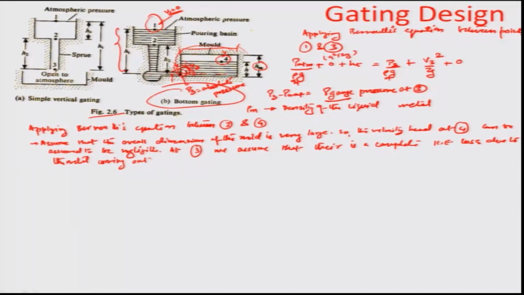So, there the kinetic energy is completely lost to the system, or we can assume that for this particular case the energy equation would be P3 by rho m times g is equal to the height h. So, we are assuming V4 to be equal to 0. We are also in a way assuming V3 to be completely lost as the metal enters the mold.